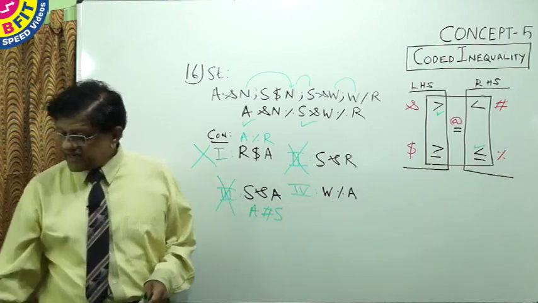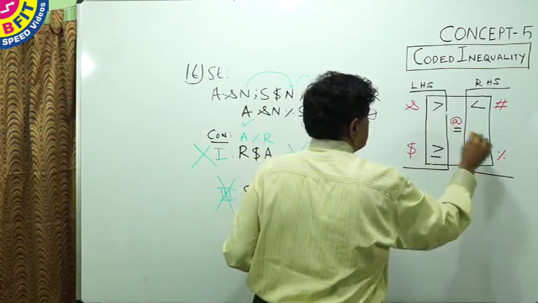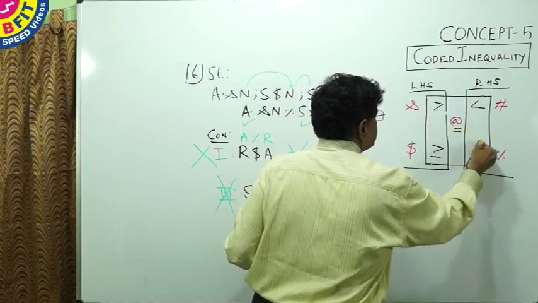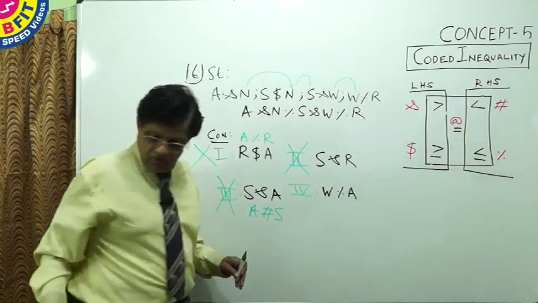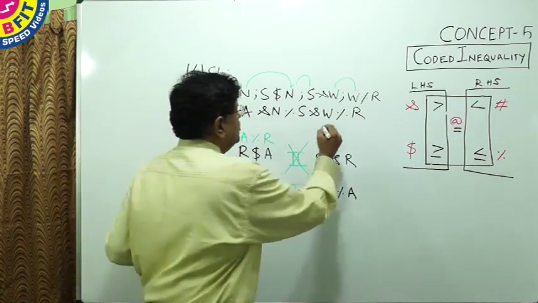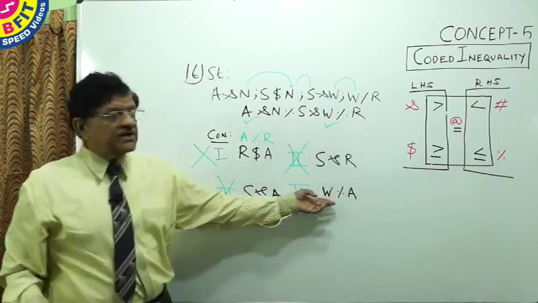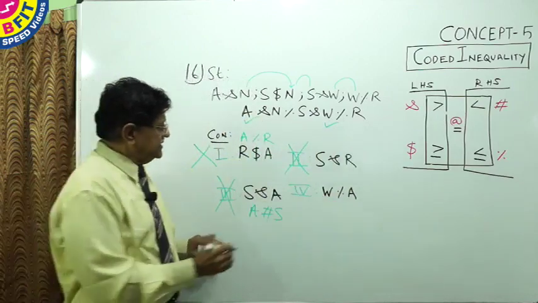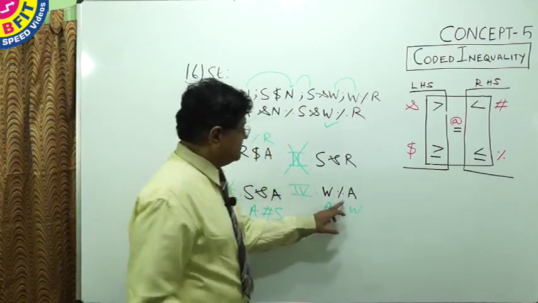Before that, we shall eliminate the marks we have already made. Now, W percentage A. Where is W? W is here, A is here. The conclusion is not in sync with the statement. Therefore, we have to see A, W, which is percentage.